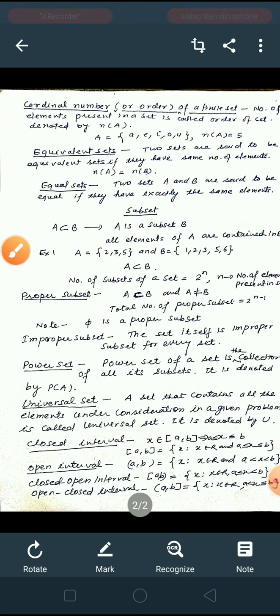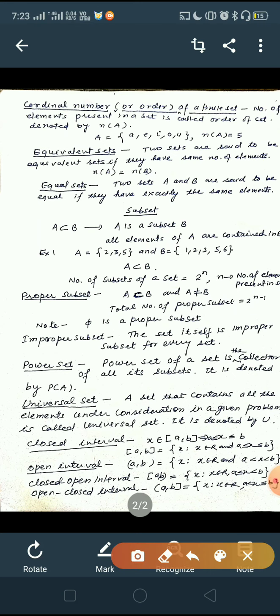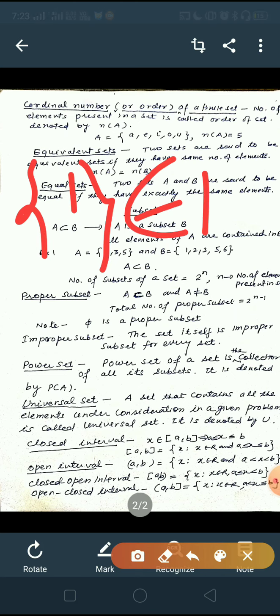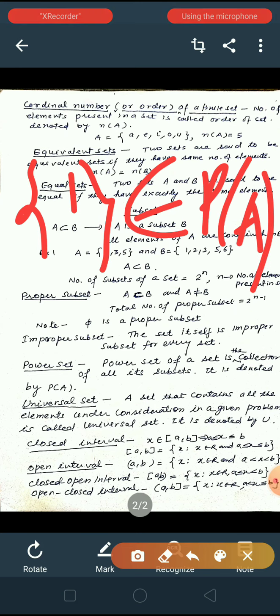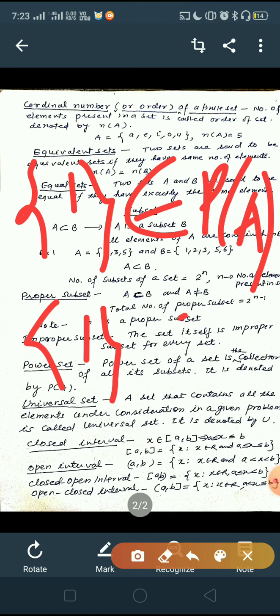Now move to universal set, children. A very important thing is that there may be questions which may confuse you. We may see a question, choose the correct option, where options are given, like 1 belongs to P(A) or 1 is a subset of P(A), and they can also write it in another form.